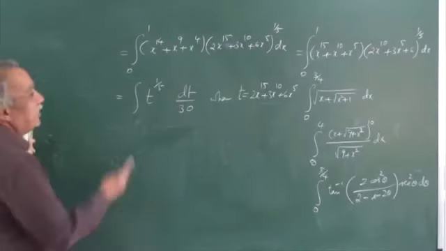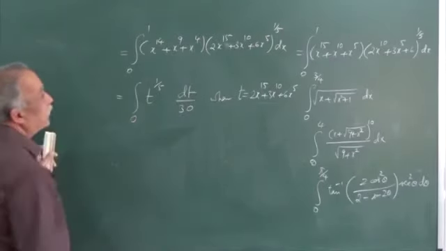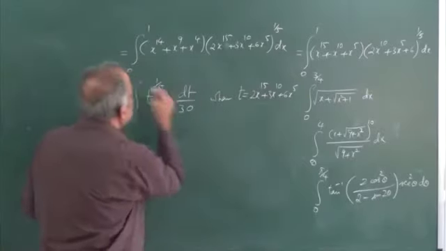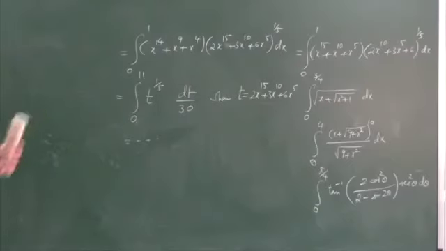New limits when t equal to 0, when x equal to 0, t is 0. When x equal to 1, t is 2 plus 3, 5 plus 6, 11. Next, 0 to 3 by 4, x plus root of x plus root of x square plus 1.